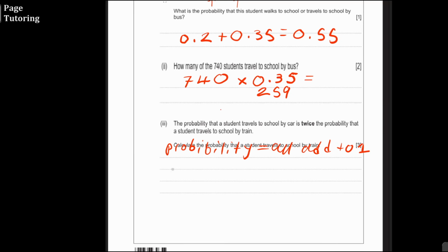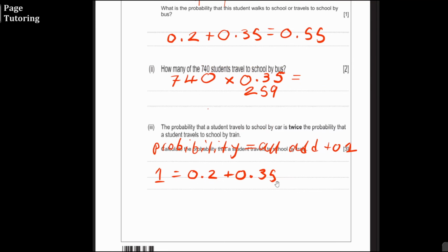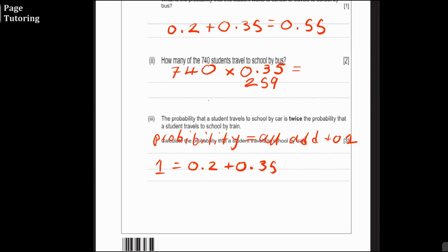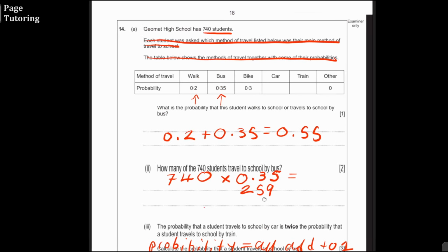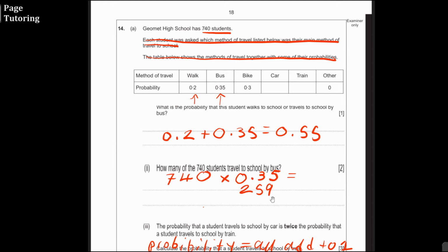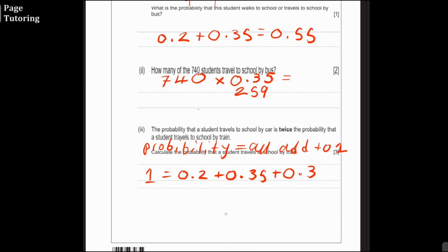Because we know that 1 should equal, so we're going to do the probability of walking plus the probability of using the bus plus the probability of using a bike. Wow, there's a lot of people using a bike in this school. And then other, there's 0% probability. So we're going to put plus, and that's car and train.